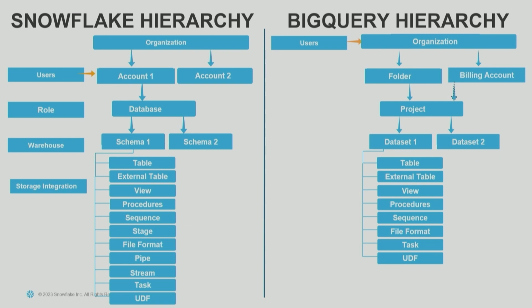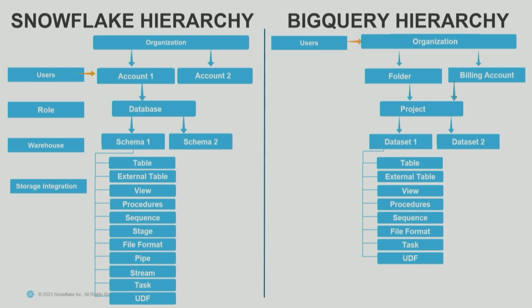At the beginning of the project, it's very important for the customers to understand the hierarchy of the environment. Let's compare BigQuery and Snowflake hierarchy. Let me start with BigQuery. At the root of the hierarchy is the organization in BigQuery. Then you have folders, and each folder can have a project.